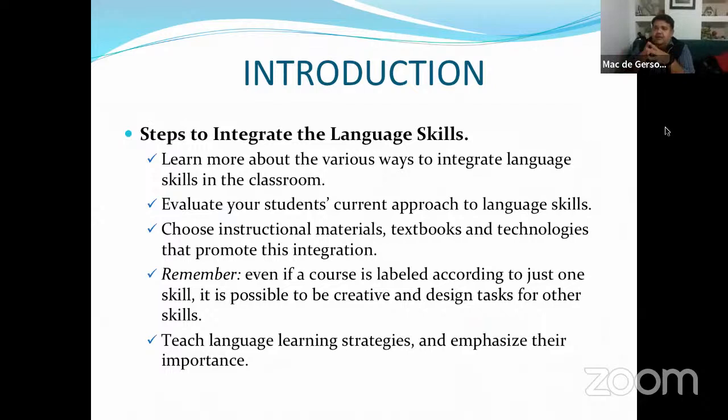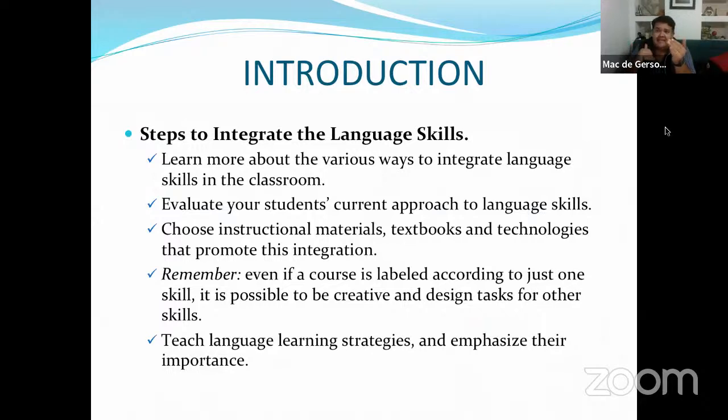Guys, let me put it this way, every class that you teach, you need to integrate the 4 skills. Obviously, you will have one skill that is predominant. Give an example. You have one part of the book that is a reading. Okay, that's good.